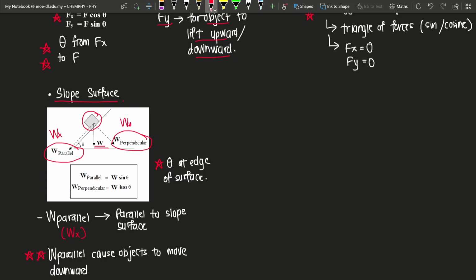So again, both Wx and Wy, we have the formula. Wx is equal to W sin theta, which is W parallel. W perpendicular, your Wy is equal to W cos theta. Again, make sure your theta is located at the edge of the surface, dekat hujung bucu permukaan.